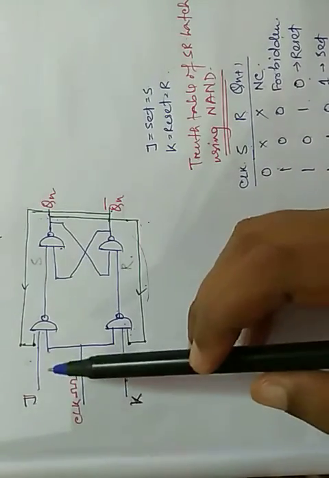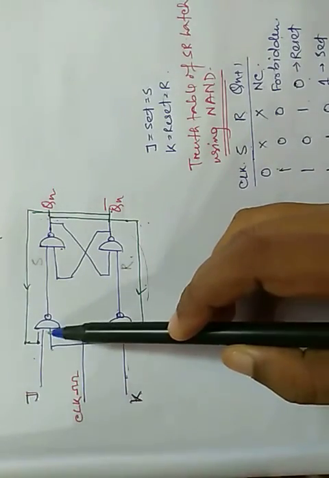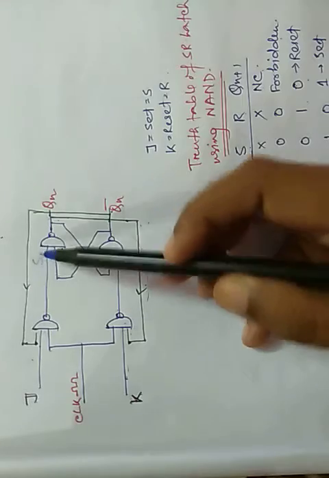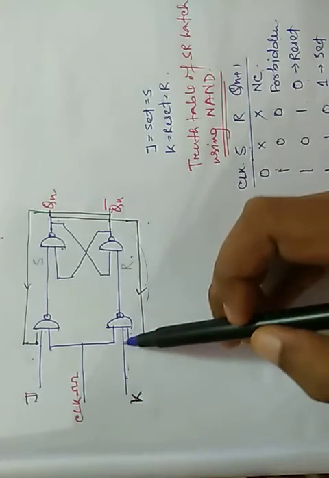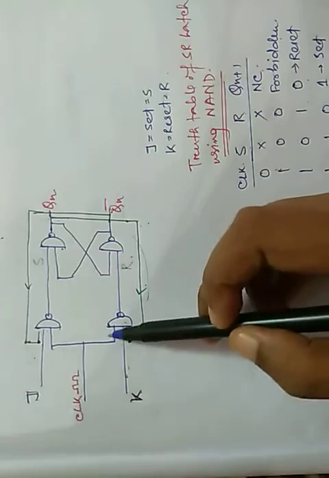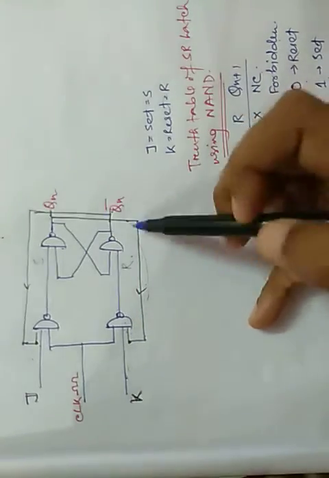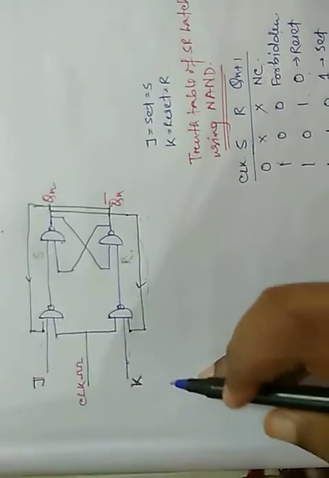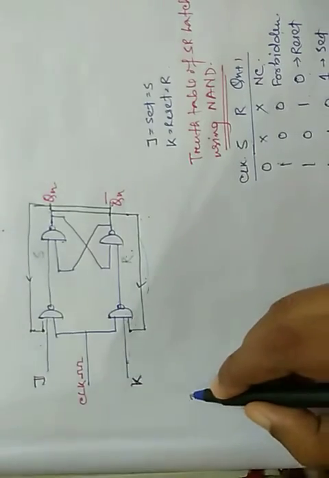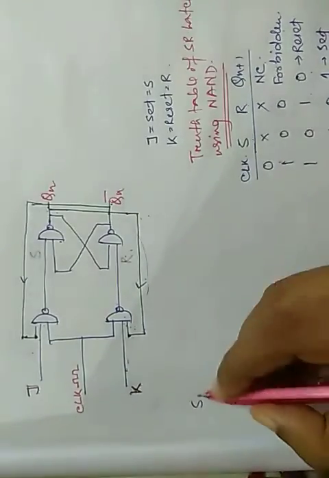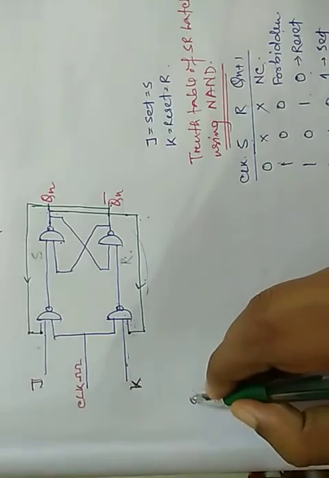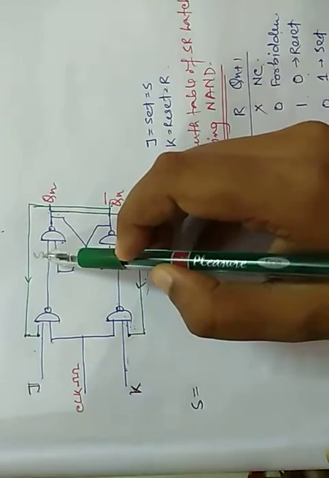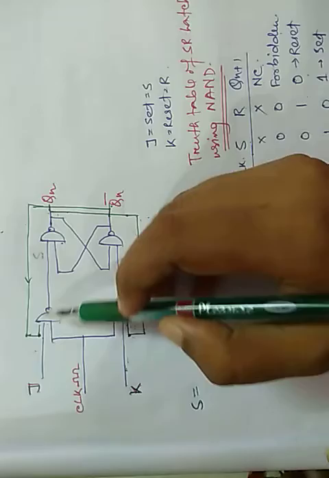Okay, so for JK flip-flop, in the first gate there are 3 inputs. The output of this gate goes as an input in S, and the output of the other gate, which has three inputs, one clock, one K and one Qn, goes as an input in R. So we can say that S equals, I am writing it in a different color, S means this, so the input of S comes as the output of this gate.